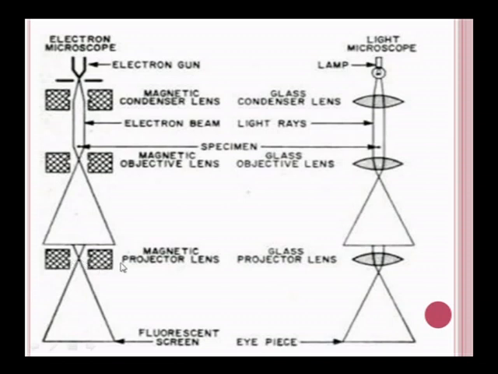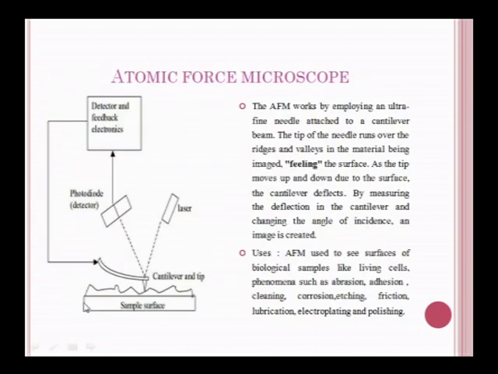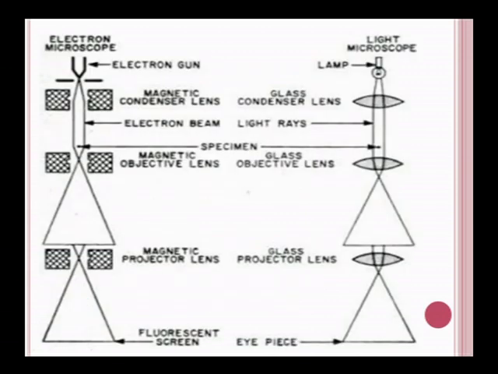As a result, even a small object which cannot be seen with the naked eye can be seen through the image formed, either on a fluorescent screen or on an X-ray film. So one is able to see the image of the objects.